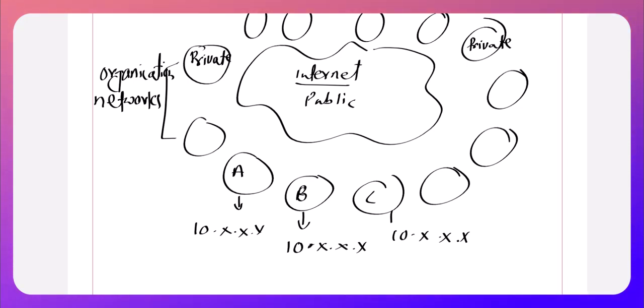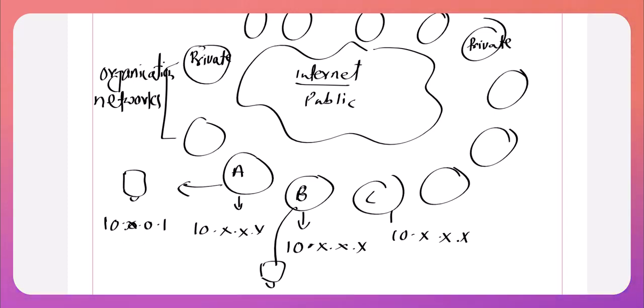If they became part of one network, then they could not use one single address. For example, here we have a computer that can use 0.0.1, and here we have another computer that can use the same. See, the network is the same and the host part is the same, but no problem because both are isolated.